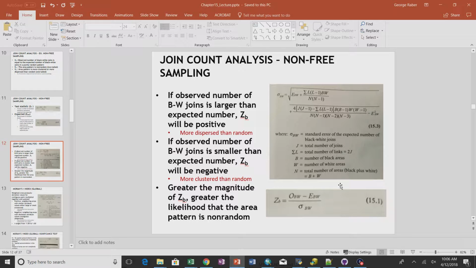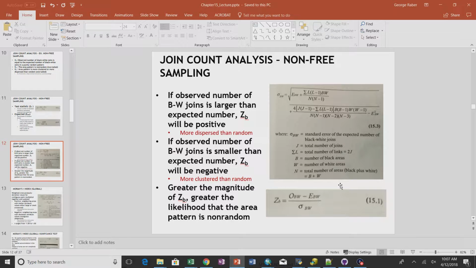So if we have all the counties in Mississippi, we can think about how Forest is different from Lamar County, because they're next to each other, and then also how Lamar County is different from Forest County. So those would both be links. So a join is the common boundary, and a link is the bridge across the common boundary.